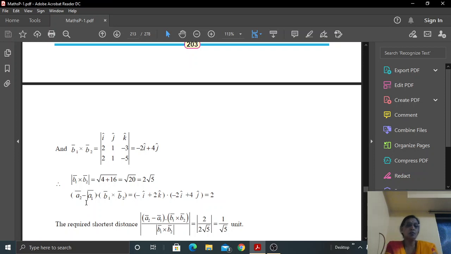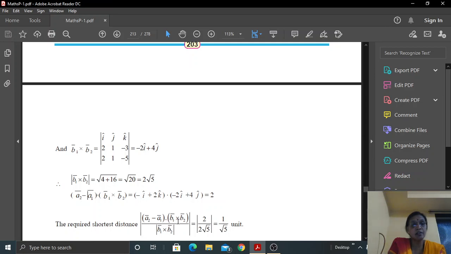Next find this. Now we get A2 bar minus A1 bar, and also the cross product of B1 bar and B2 bar. Therefore after carrying out the dot product, we get simply 2. Now consider the formula. The shortest required distance can be given by this formula. Put the values here.